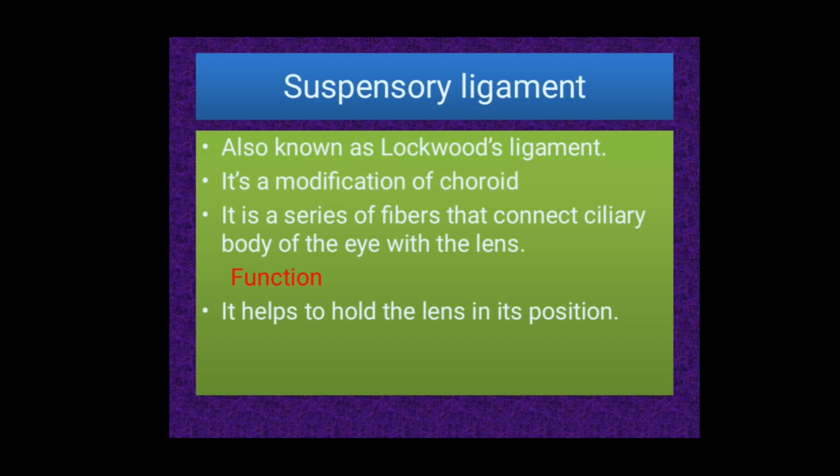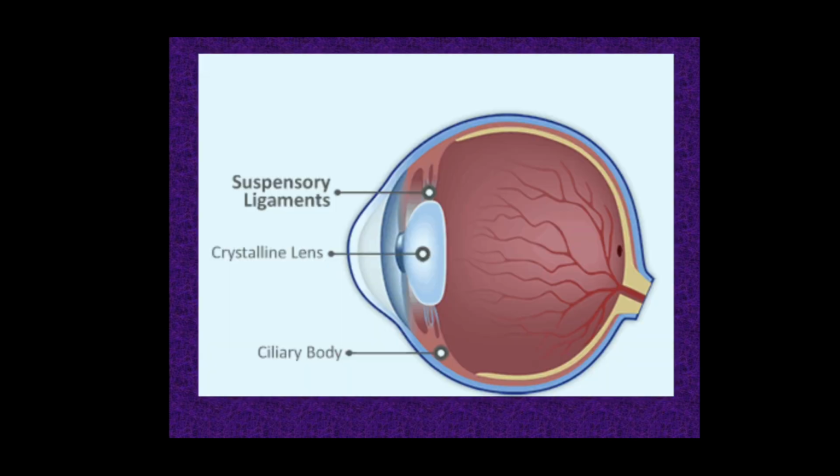Now the function: it helps to hold the lens in position. So it is a modification of the choroid layer. It has a connection with the ciliary body, and the major function is to hold the lens in position. Here you can see the suspensory ligament and the ciliary body clearly, and how they hold the lens in position. Ligaments are thread-like structures which attach to the lens, and the ciliary body has a connection with the ligaments.